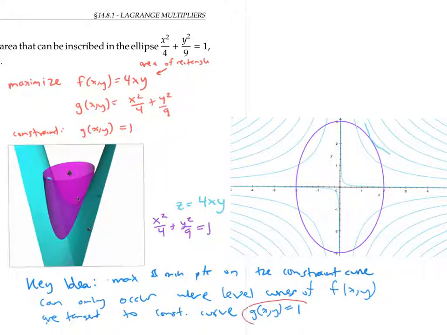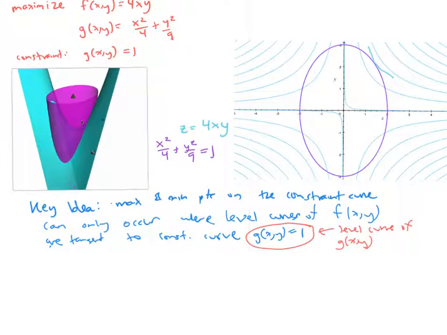But the constraint curve is itself a level curve of the constraint function g of x, y, since it's where g of x, y has height 1. Therefore, we need to find points where the level curves of f and g are tangent to each other.